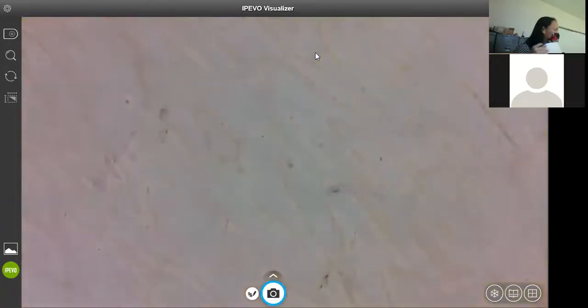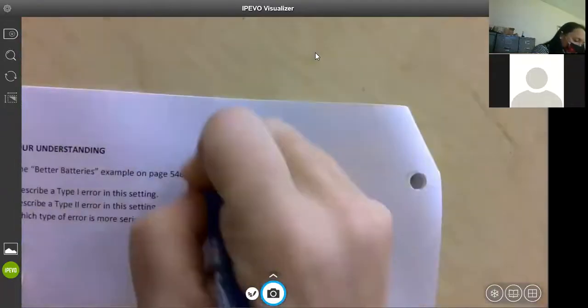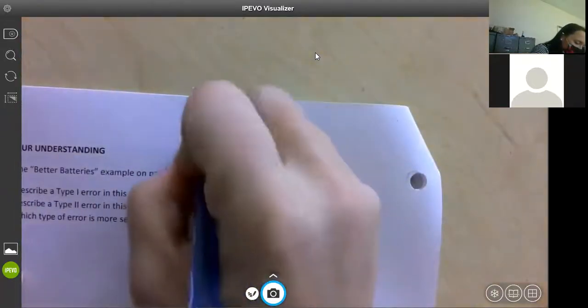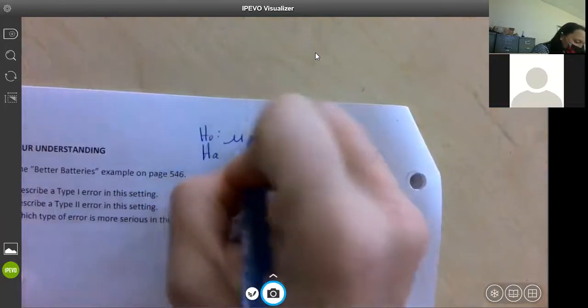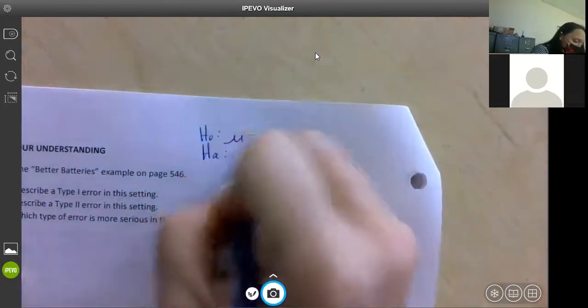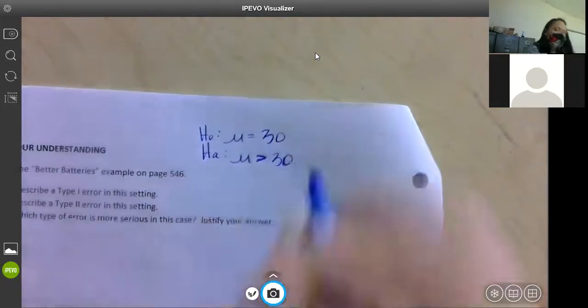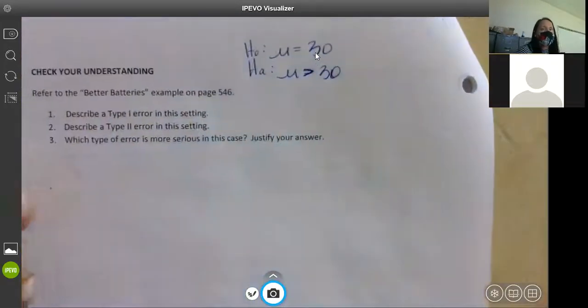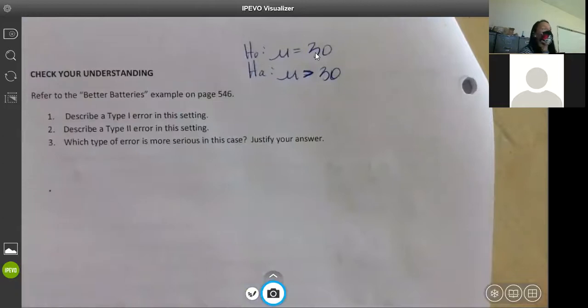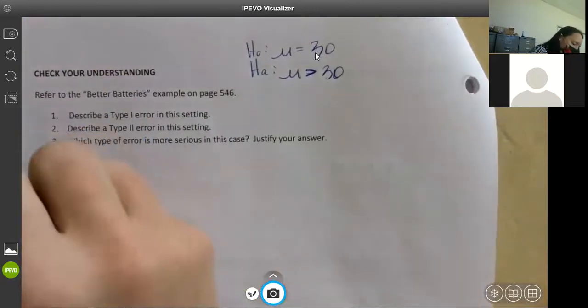All right. So then on the next one, check your understanding, refer to the better batteries, and remember the better batteries are H sub O was that our mean was 30 and H sub A was that our mean was greater than 30. So we talked about the crappy batteries versus the new deluxe batteries that were more than 30. So describe a type 1 error.